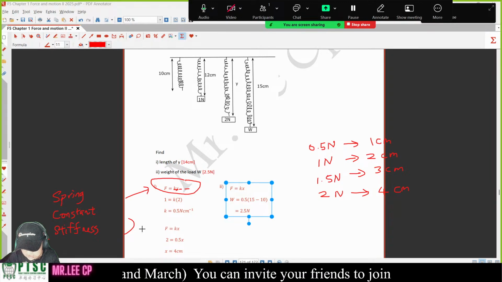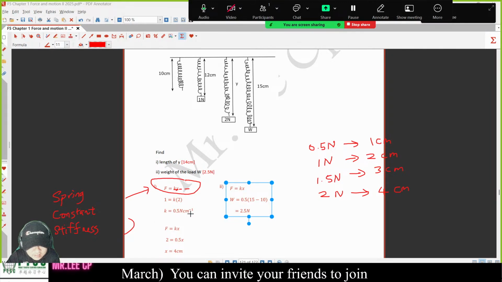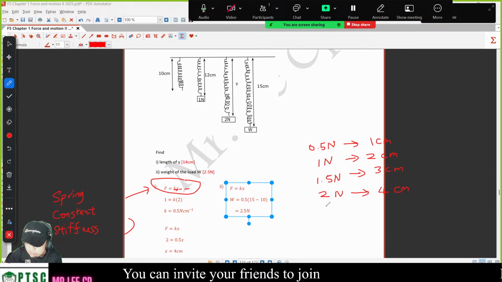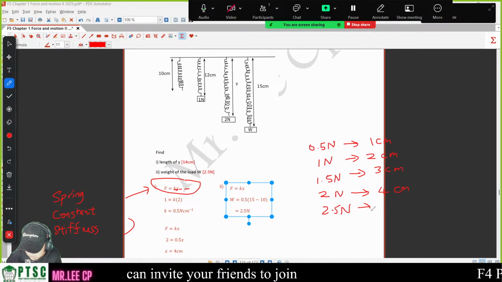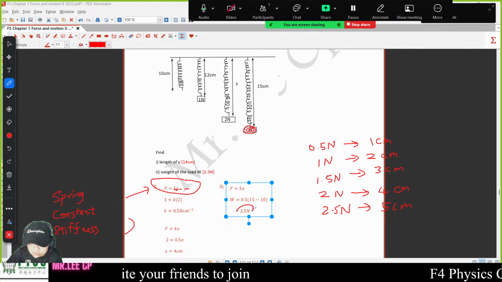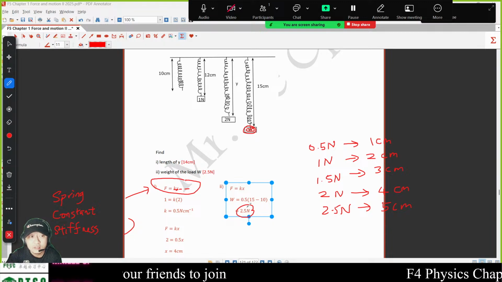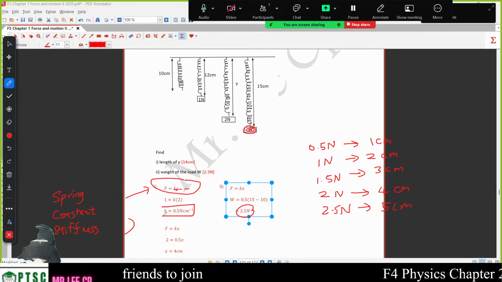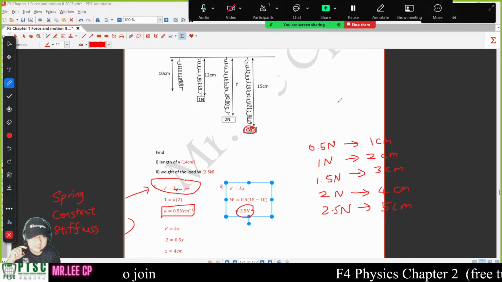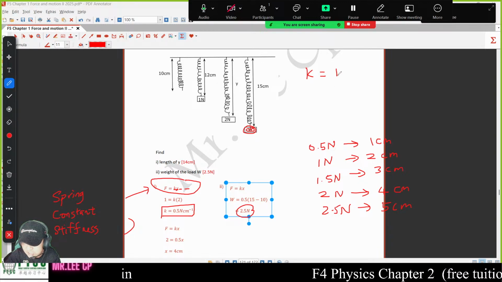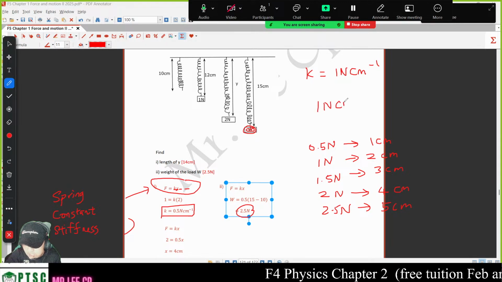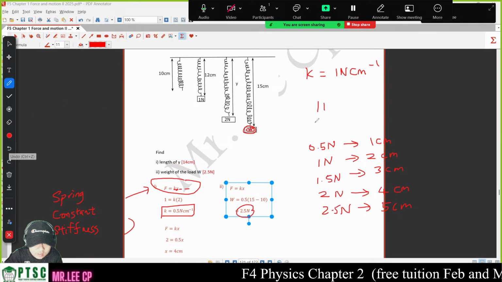For example here, 2 Newton will extend 4 cm. So this is a ratio, 0.5 Newton per cm. So of course here it will be 2.5 Newton, which causes it to extend 5 cm. So this is K, the stiffness of the spring. Some springs are stiffer. For example, K equal to 1 Newton per cm. What does that mean? 1 Newton can only extend 1 cm.